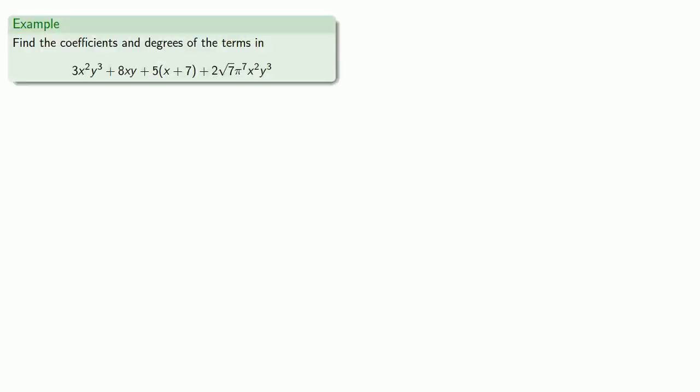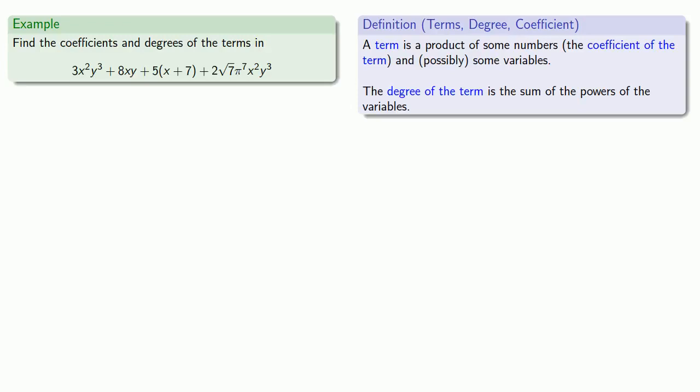For example, let's take a look at an expression like this and see if we can find the coefficients and degrees of the terms. And while we're at it, let's see if we can identify any like terms. So a term is a product of some numbers and possibly some variables. So this thing here, 3x squared y cubed, is a term. It's a product of some numbers, 3, and some variables, x squared y cubed.